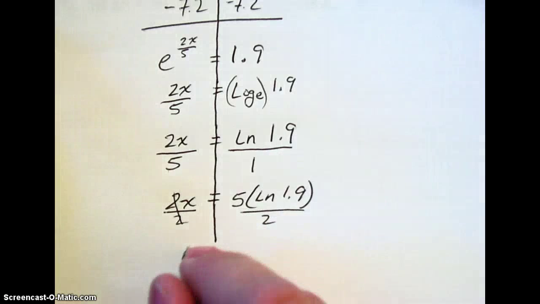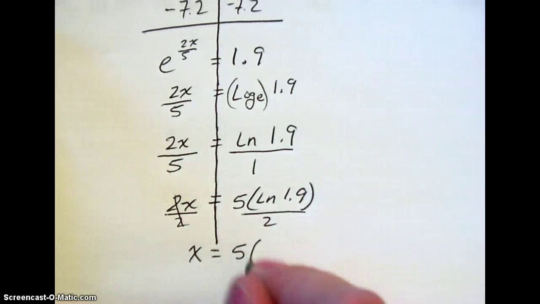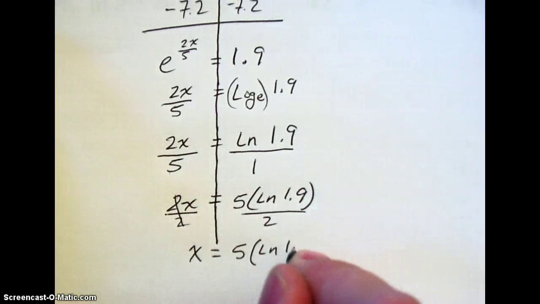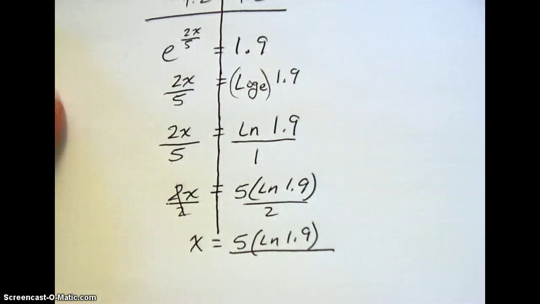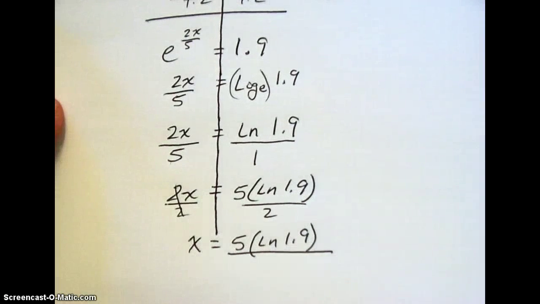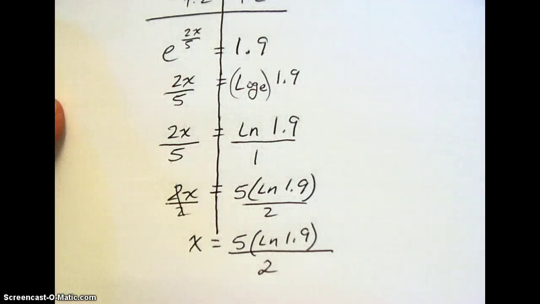Okay? So notice I haven't put it into my calculator yet. This point is where I'm putting this part in. No addition signs or subtraction signs in the top. So if you just write it as 5 ln 1.9 and then hit divided by 2, that should give you your solution of 1.6. All right.